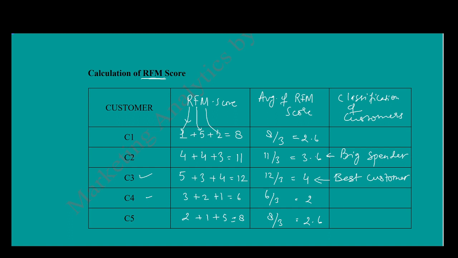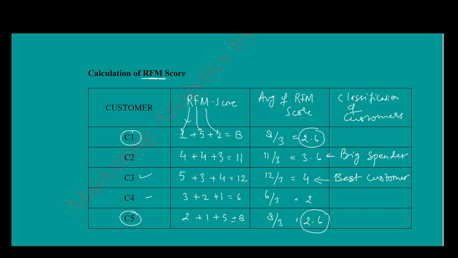We can see that for customers C1 and C5, the average RFM value is 2.6 and 2.6.